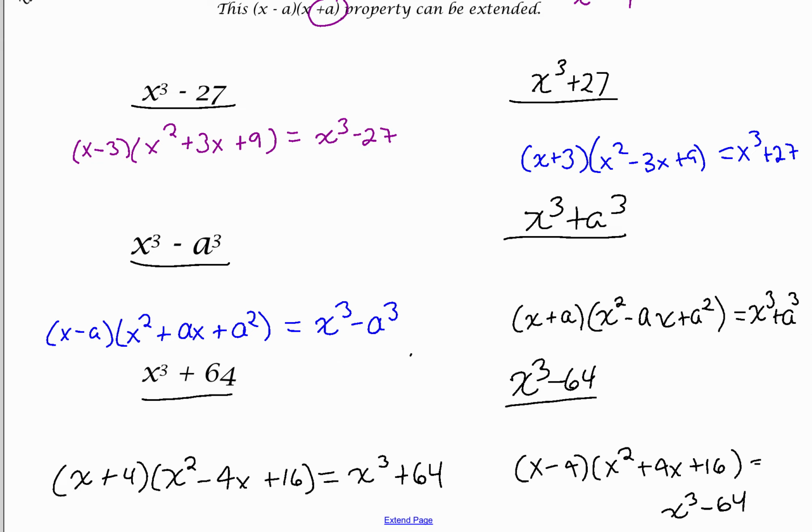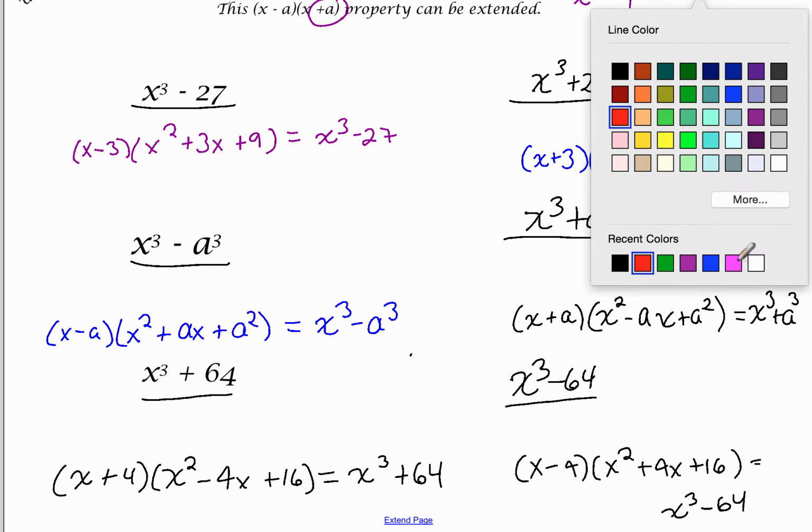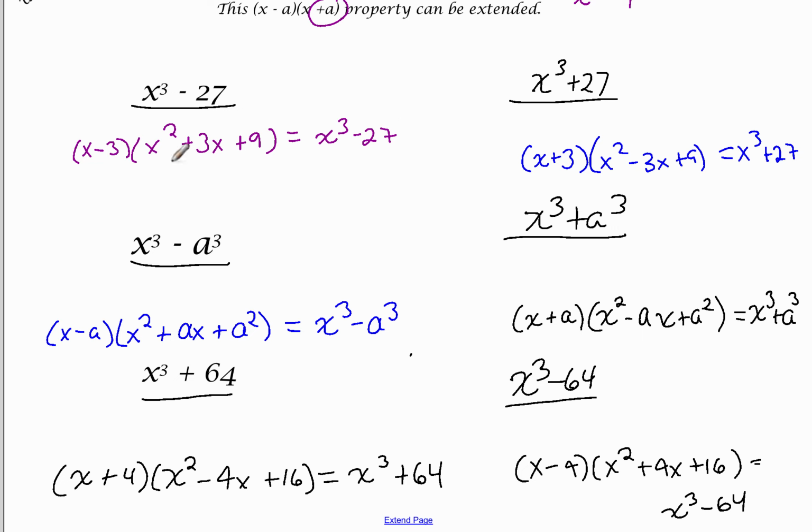But do you realize how quickly you should be able to do it, just like a difference of two perfect squares? Well, let's look for the pattern. Let me get a good color here. Let me get pink. Oh, it's not really pink, it's red. When it's x minus 3, everything in the second factor was positive.